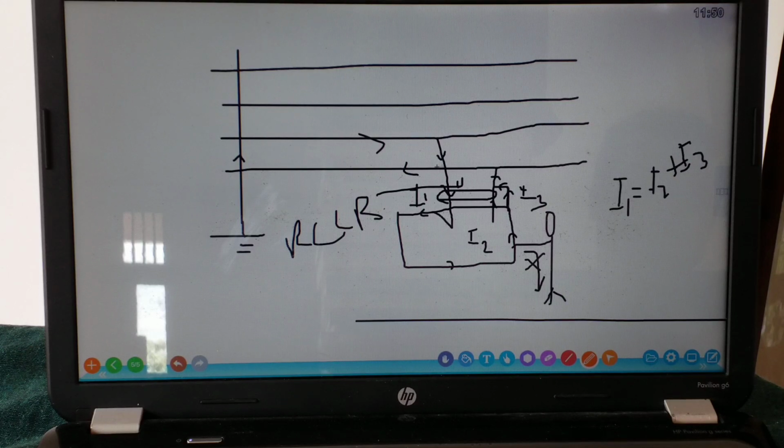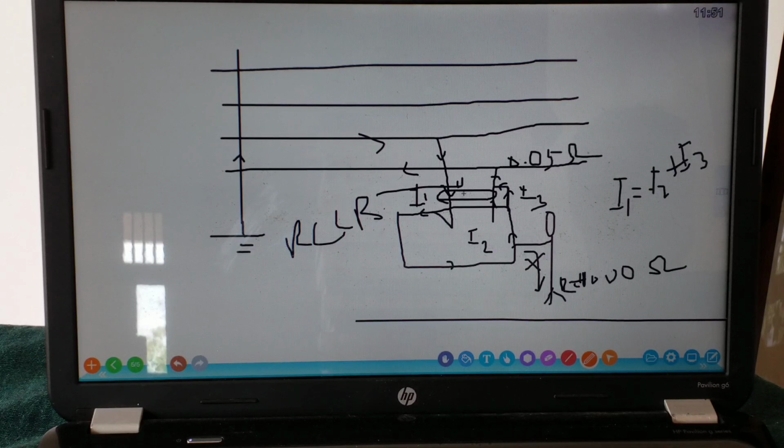It does not even think to go to the human body, because in a healthy human, body resistance will be about 1000 ohms. Here it may be 0.05 loop impedance. So the portion that goes to the human body is negligible.